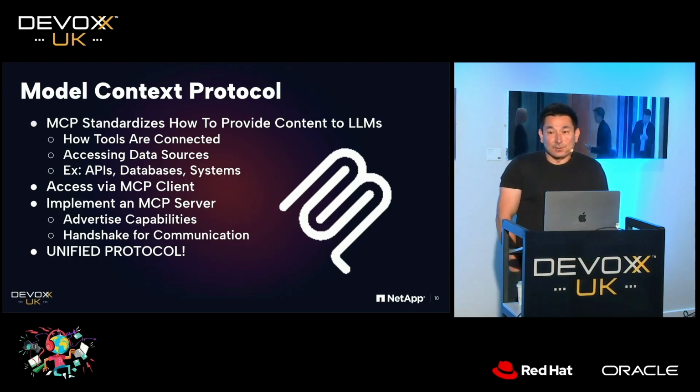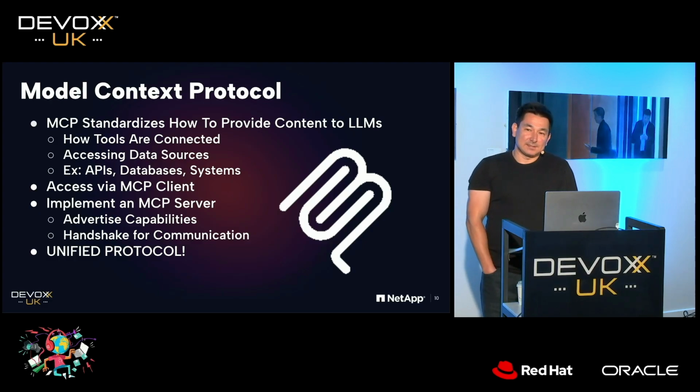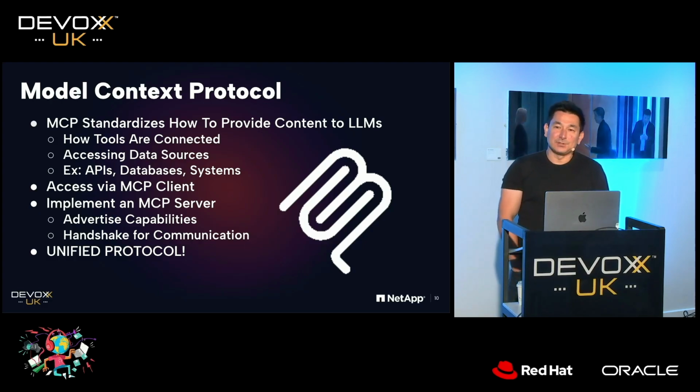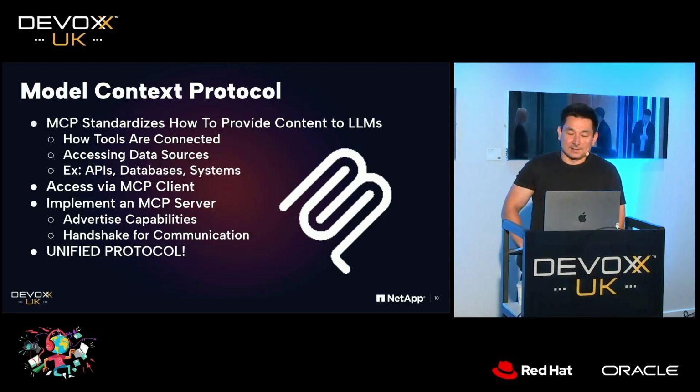It's a protocol, which means all it does is define how to connect LLMs to these external data sources. And the data sources can be anything, right? It's an API, it could be database information, other agentic systems, other LLMs. It could be literally anything.